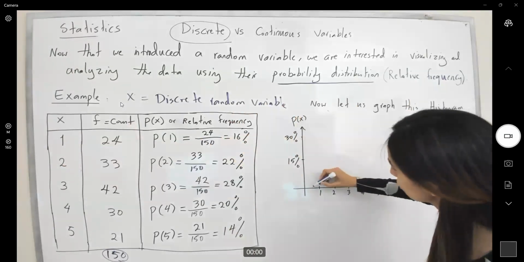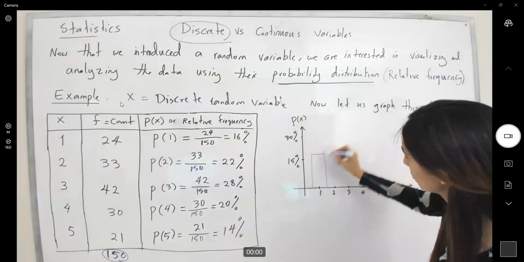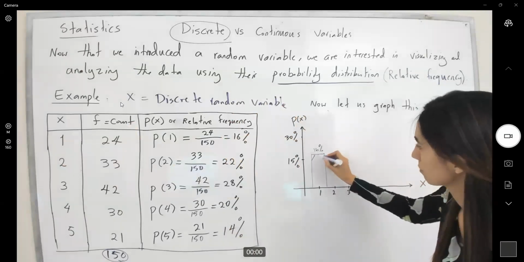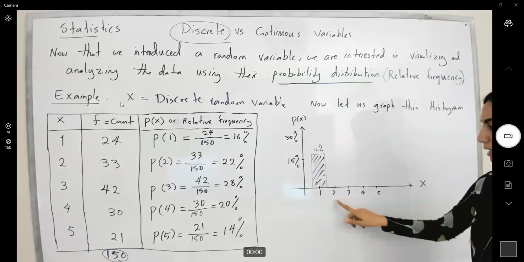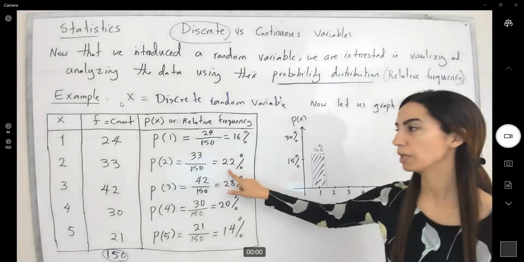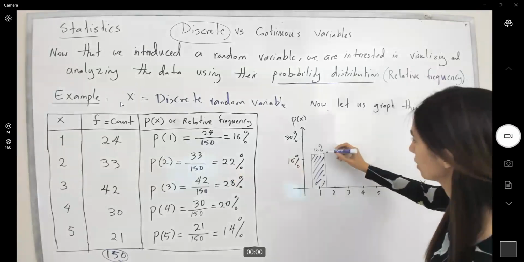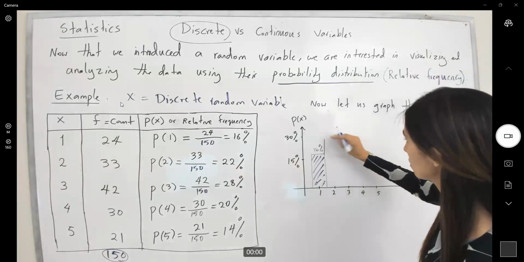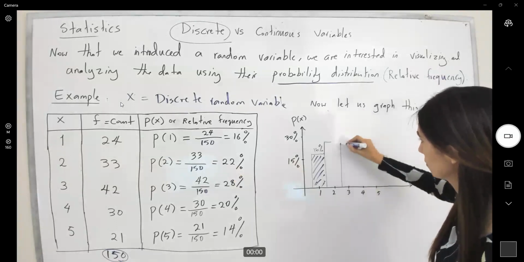Okay, I'm going to have a bar that stops at 16%. Not that bad. It wasn't very challenging. When x is equal to 2, the probability of x equal to 2 is 22%. Okay, let's move a little bit up. 22%, hopefully it's here.